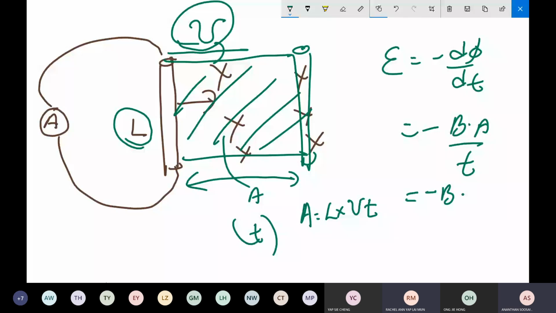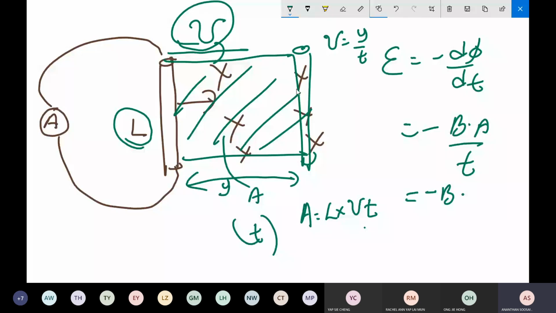Can you listen to me? Yes. So the area will be L times this distance. Let's say the horizontal distance I put as Y. How are Y and V related? Speed equals distance over time.